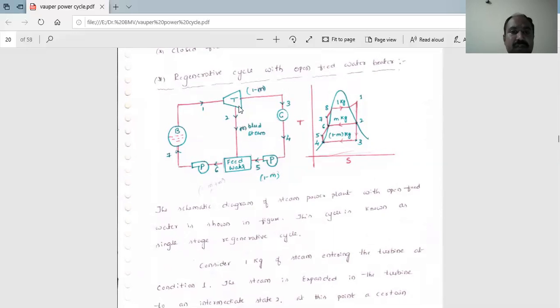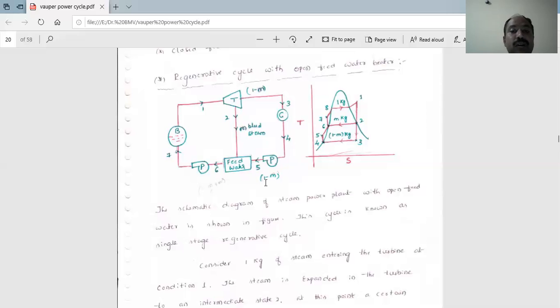At stage 2, m amount of steam is trapped, and the remaining 1 minus m kg of steam is passed to the condenser. Here the condensation process takes place, and the condensed fluid is pumped to the feed water heater.